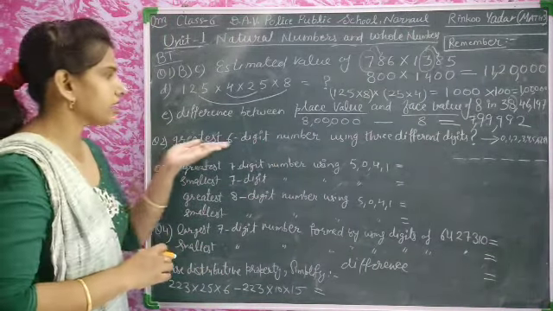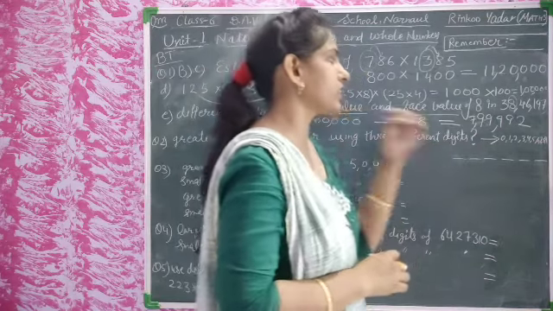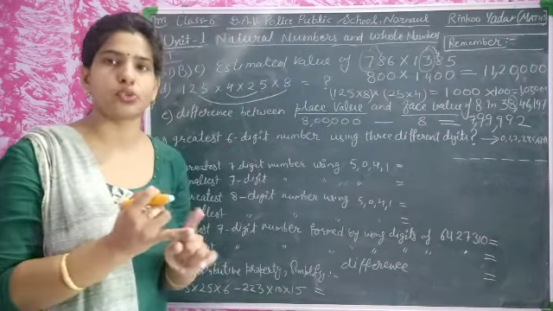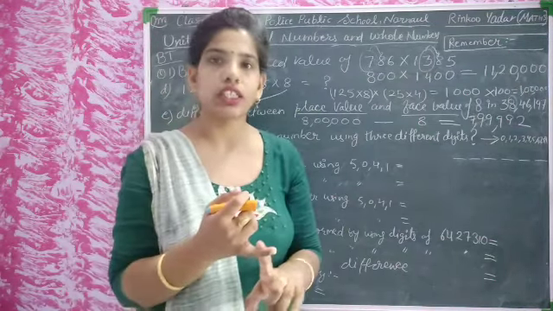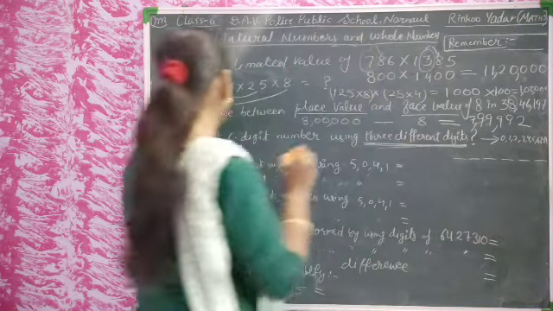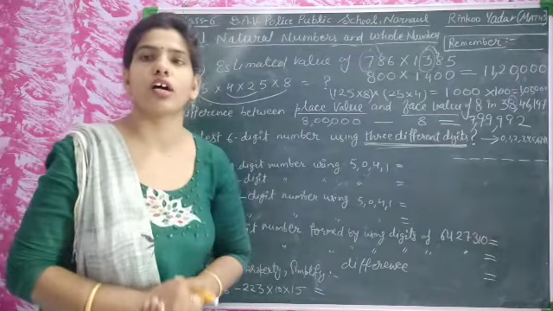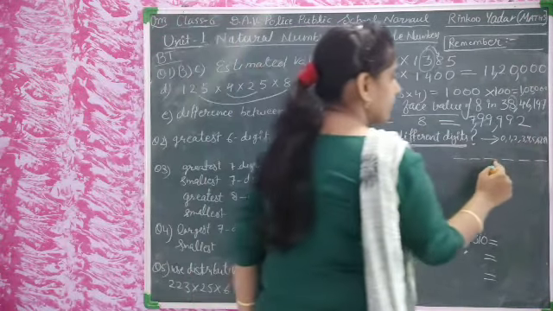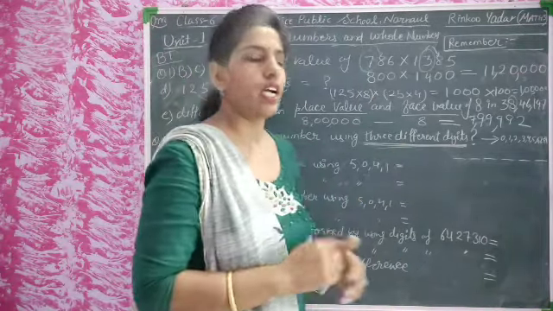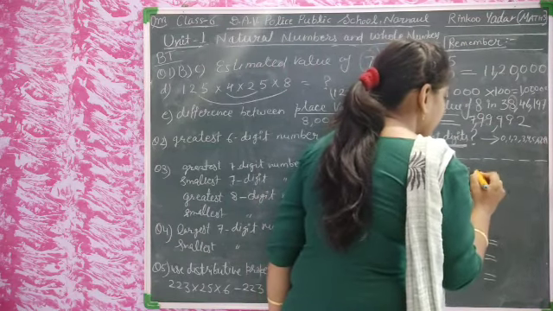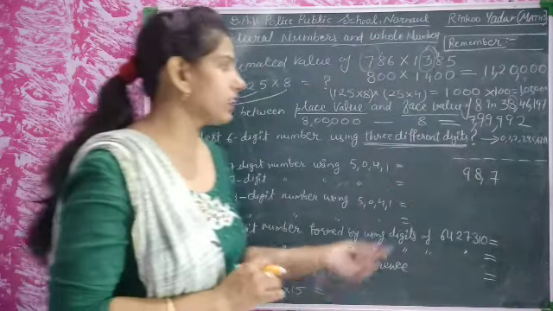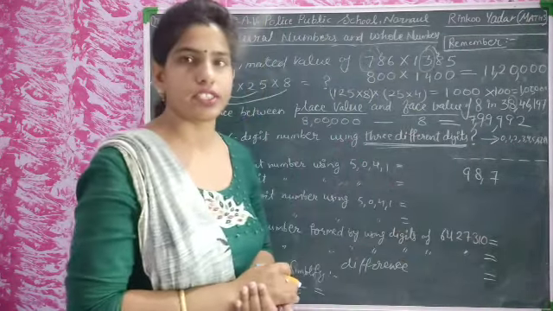Okay, next, greatest 6-digit number using 3 different digits. There are 10 digits here, 0 to 9. So we will use only 3 different digits, and we have to form the greatest 6-digit number. The 3 greatest digits are 9, 8, 7.